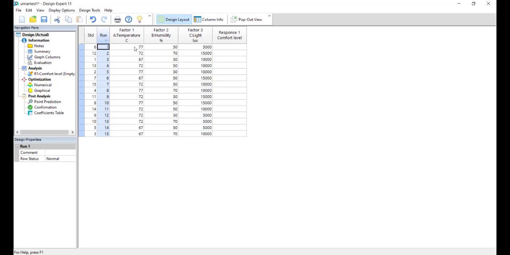We don't have 70, 70, 70 like what we have in the standard order. Here is constant, then this constant, and this is changing. You cannot go to the lab and run your experiment like this. It should be randomized. Then you need to follow the run order which is proposed by the software.